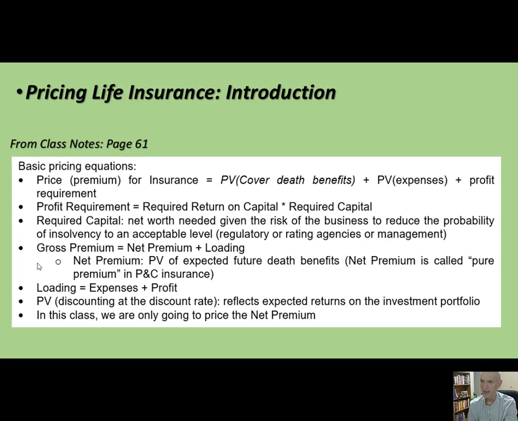That term, required capital, is a little different than Miller-Modigliani. Miller-Modigliani is talking about your optimal level of capital. In life insurance and banking, we usually talk about how much capital you're required to hold because of regulations and the credit ratings that you want. So required capital is the net worth needed given the risk of the business, maybe related to the credit rating that they want. Whatever probability of insolvency they think is acceptable, that's the kind of capital they want to hold.